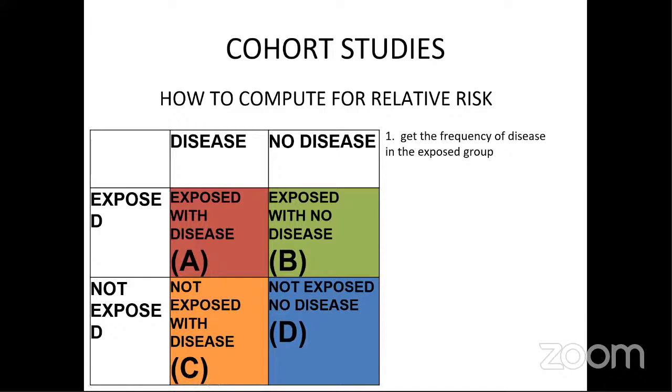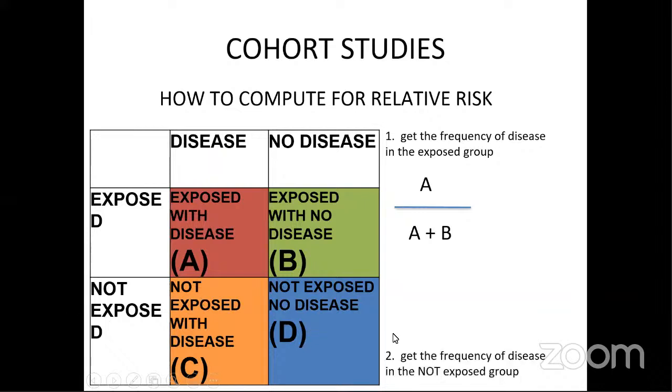So get the frequency of disease in the exposed group. So that is your A over A plus B. Okay, get the frequency of disease in the not exposed group. That is your C over your C plus D. Okay, fair enough.